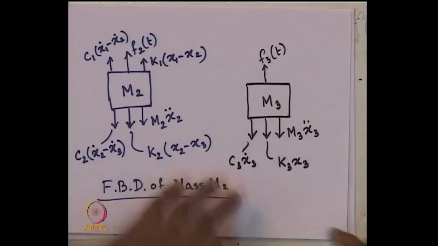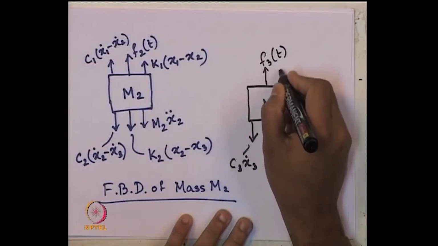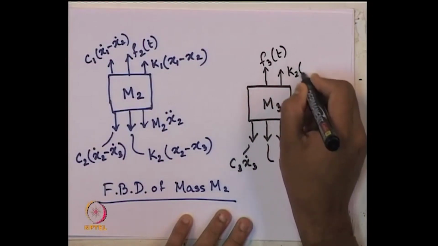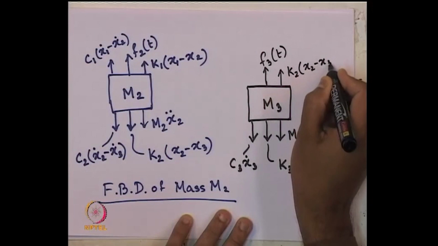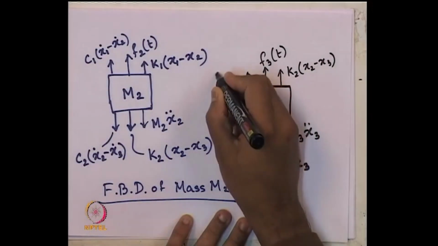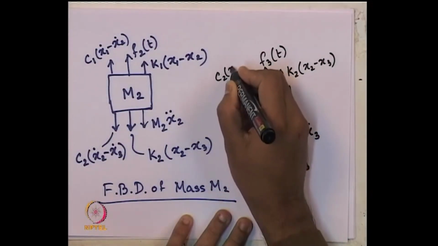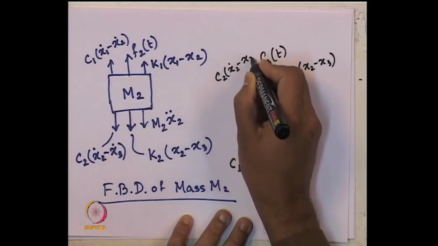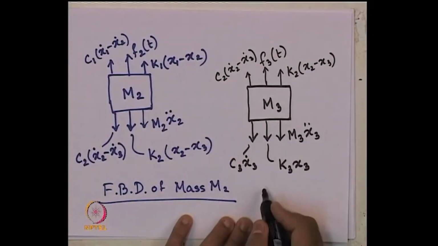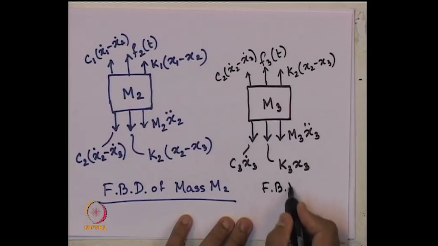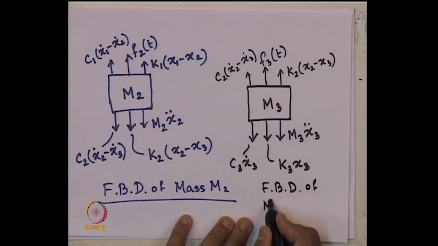Clear? So, we will have here K2 times (x2 minus x3) and here C2 times (x2 dot minus x3 dot). So, that completes the FBD of mass M3.